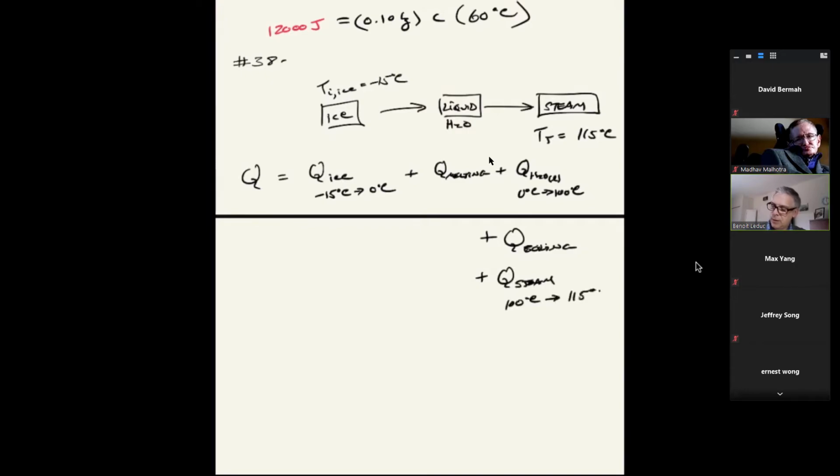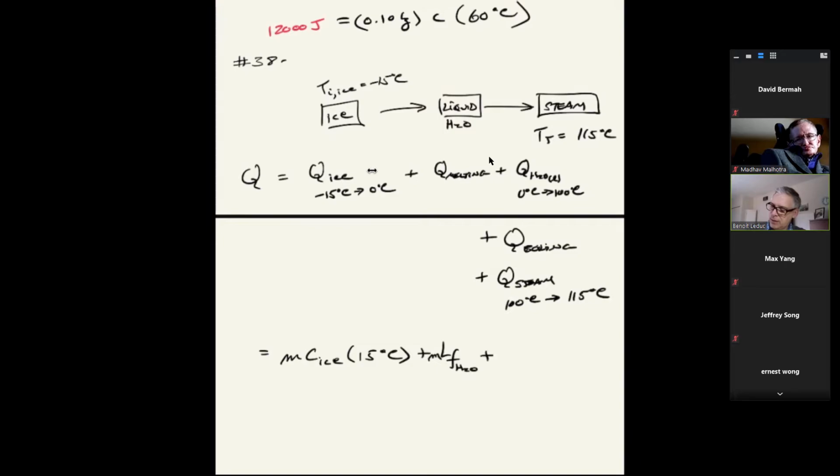If you put all this together, it'll be the mass times the specific capacity of the ice times the increase, which goes up by 15 degrees, so 0 minus minus 15, 15 degrees Celsius. The melting will be the latent heat of fusion of water, that you find in your book, times the mass.